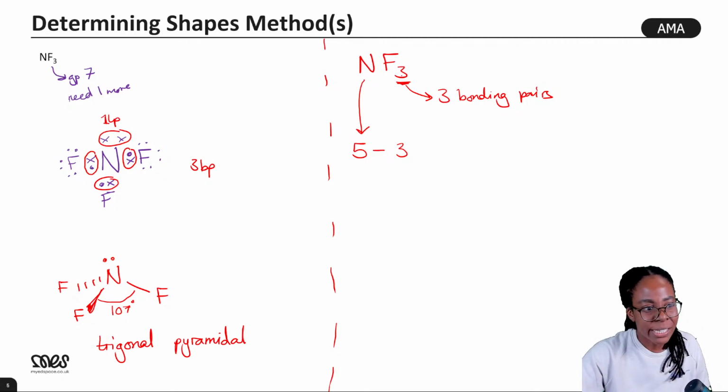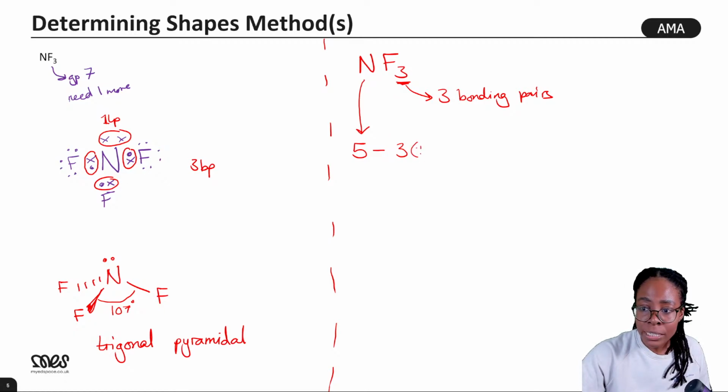So fluorine is in group 7, so only needed one more electron. So just 3 times 1. And that gives us 2 electrons left over. And if there's 2 electrons left over, that means that we've got 1 lone pair.